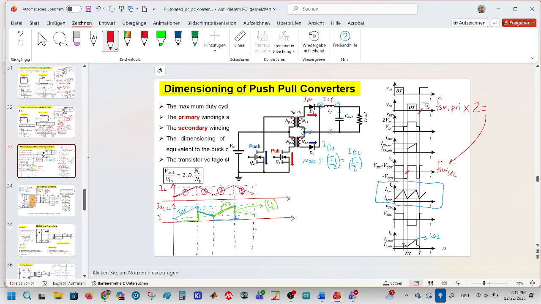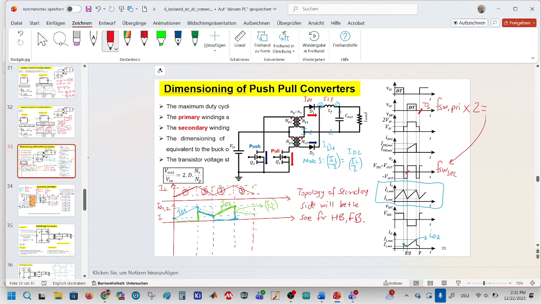And we will use the same topology. The topology of secondary side will be the same for half bridge and full bridge converters.